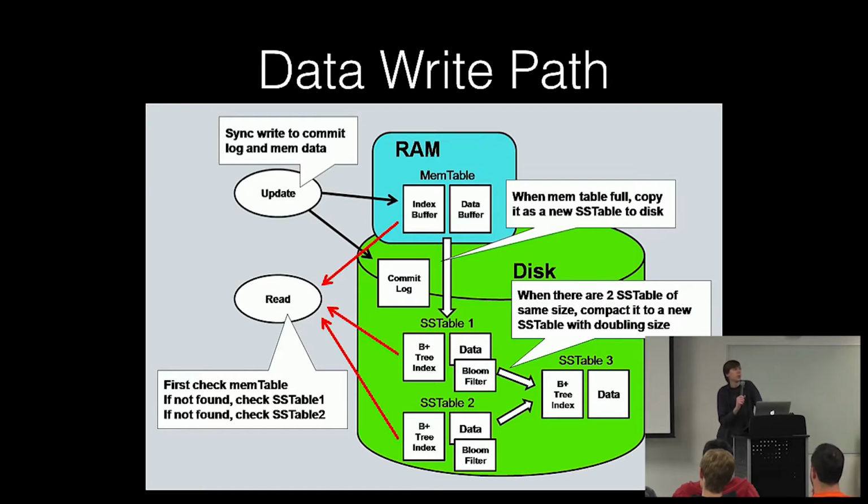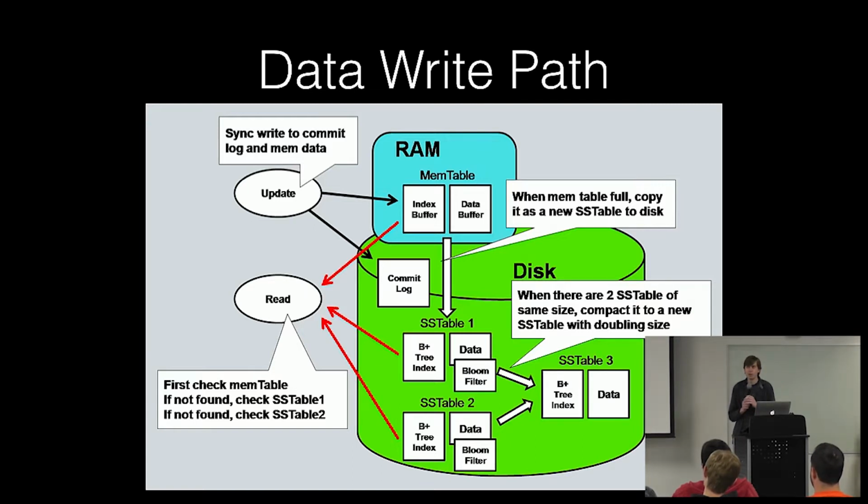But when an update is happening, which is the black arrows at the top left there, that update is written to two places. It's written to the memtable, which is an in-memory data structure of all of its most recent current updates, which internally has a buffer of the indexes and the data. And then it's also written to a commit log.